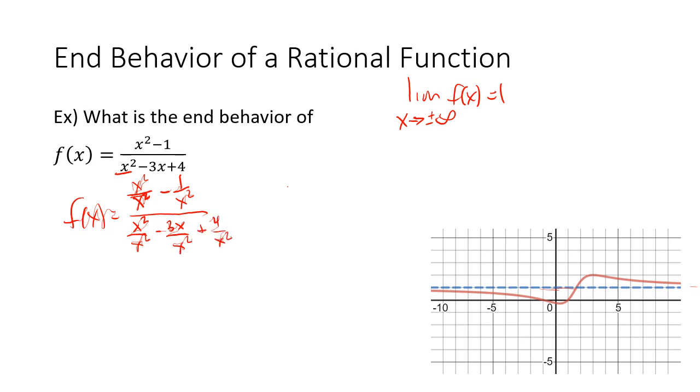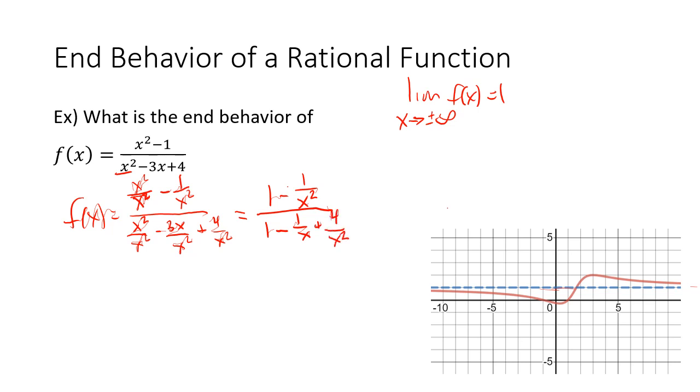And we simplify this a bit, then this is just going to be 1 minus 1 divided by x squared, all divided by 1 minus 1 over x plus 4 over x squared, right?